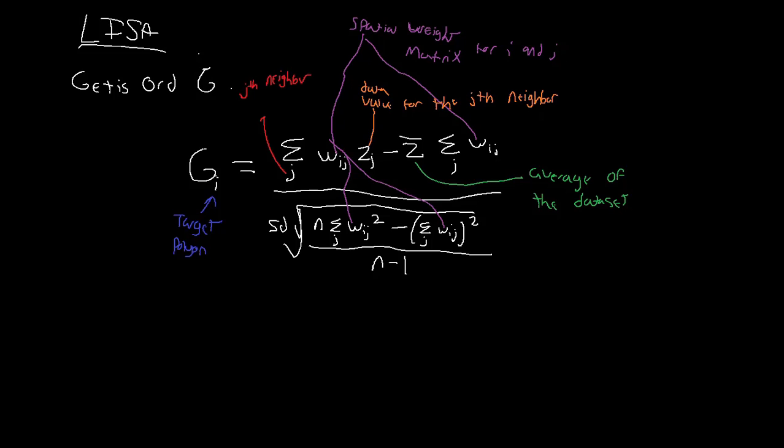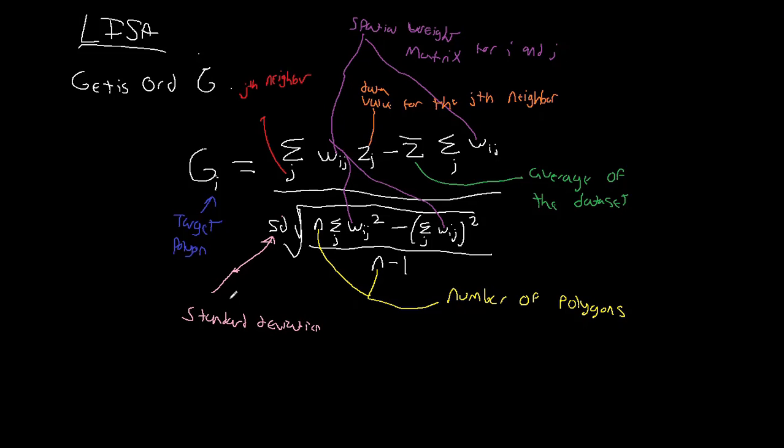So we see something in this one that we didn't see in the other one, and that's these n's right here. These n's are the number of elements, or the number of polygons. And then we also see one other thing that's kind of new here. Let's see if pink shows up okay. It's this right here. This is the standard deviation of the data set.